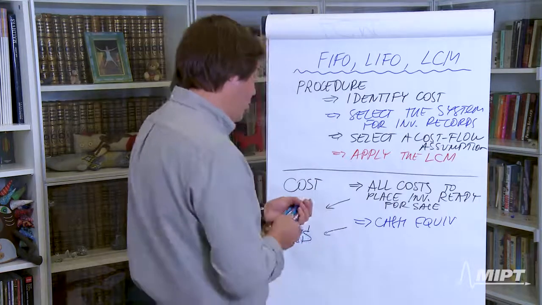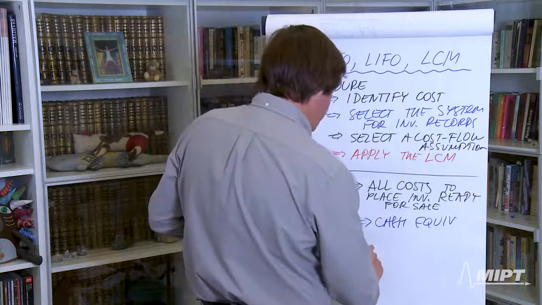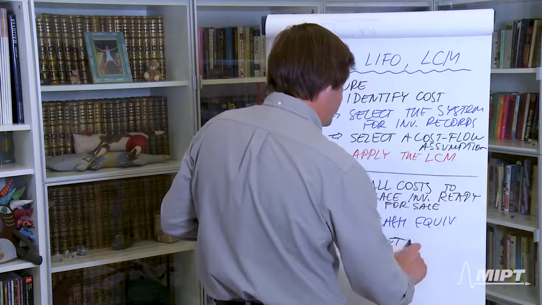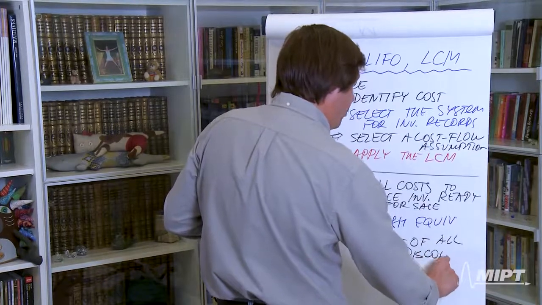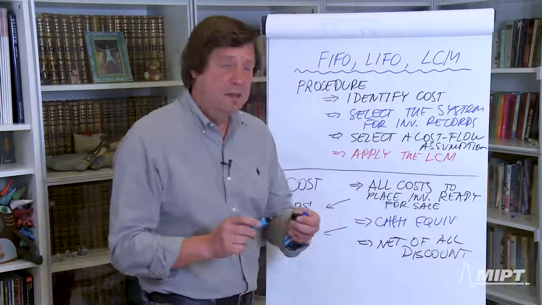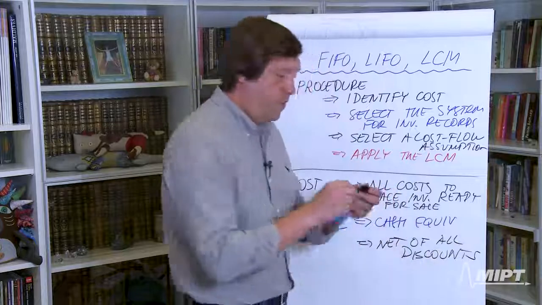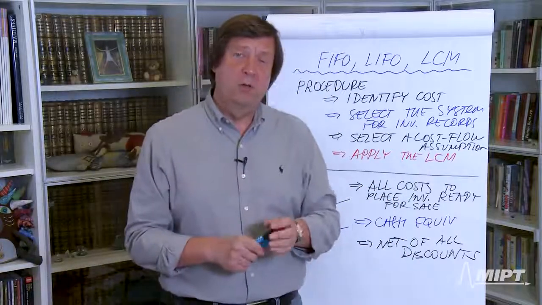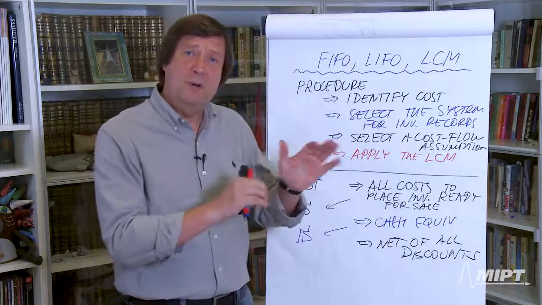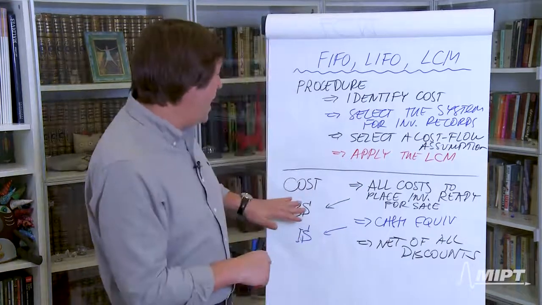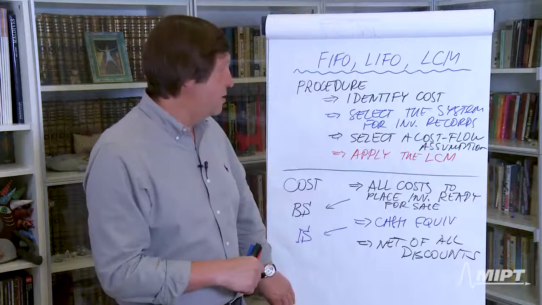And then also, we put the cost net of all discounts. For example, if we paid earlier than we could have, and this way we enjoyed some discount, then we create a special account. So that deals with the cost.